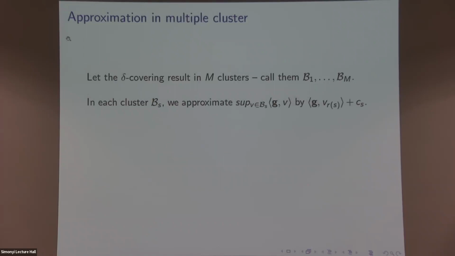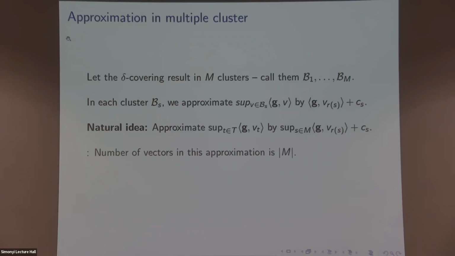So now what's the obvious thing we should do? Since each cluster sup is approximated by a single Gaussian plus a constant, I can approximate the total sup by a sup of these representatives. The number of vectors in this approximation is m, whatever be the number of clusters I've created, about which I have not put any bound so far.